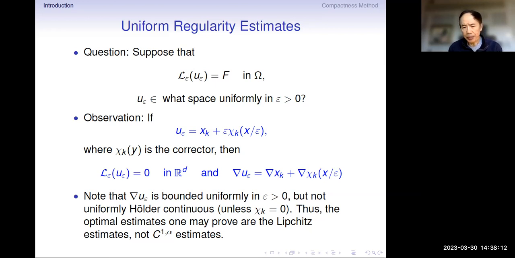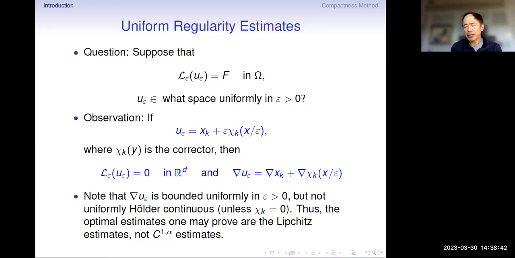It's a periodic function, which can be obtained by solving an elliptic equation or system on torus, meaning that you're solving a boundary value problem with periodic boundary conditions. Okay, so then this function is a solution in the whole space.